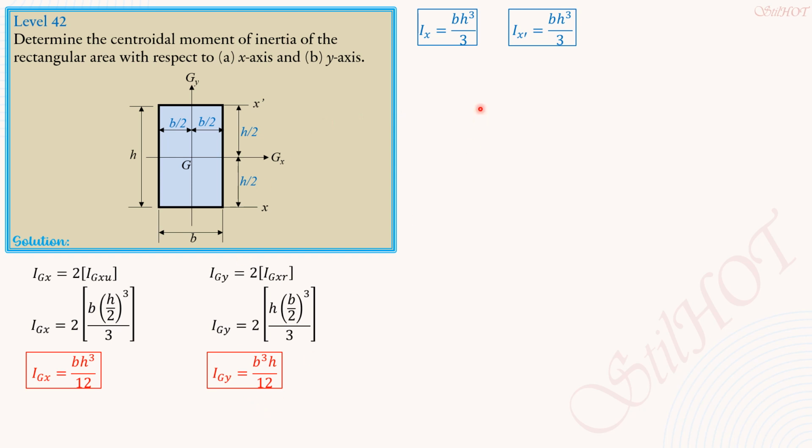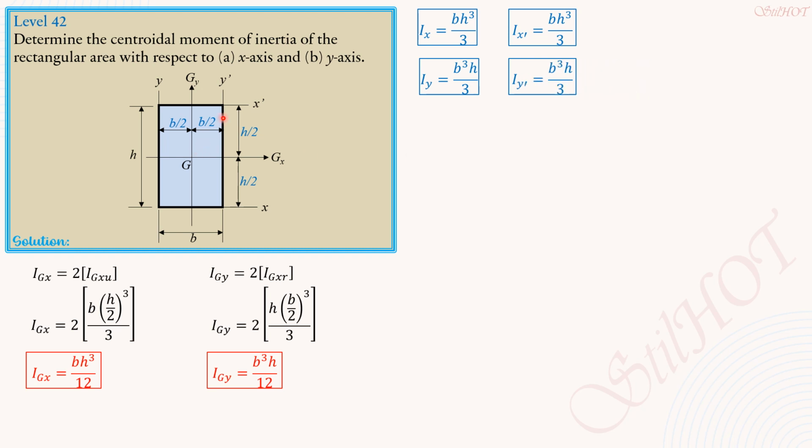I just discussed the other cases. So Iy is b cubed h over 3, then Iy prime is the same. This is the axis, so it is also b cubed h over 3.